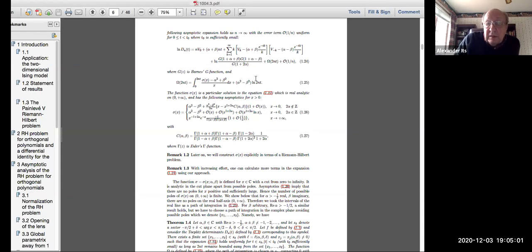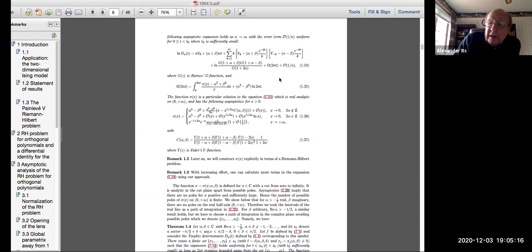They did exactly this, but using different, original techniques, and they indeed obtained this transition described by Painlevé 5. So this gives the answer for a particular choice of alpha, beta, and V. Okay, maybe I should stop here.